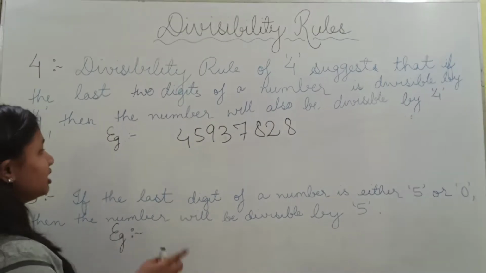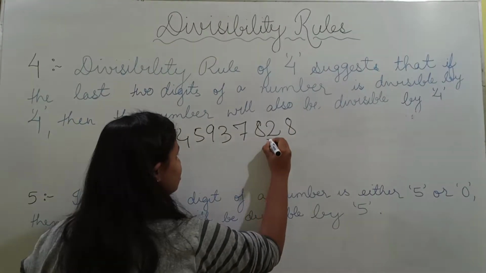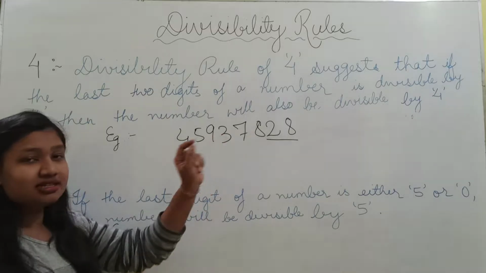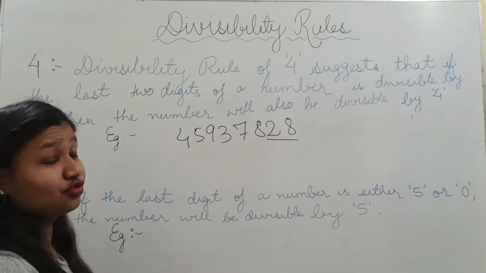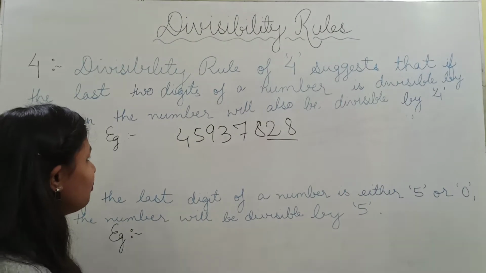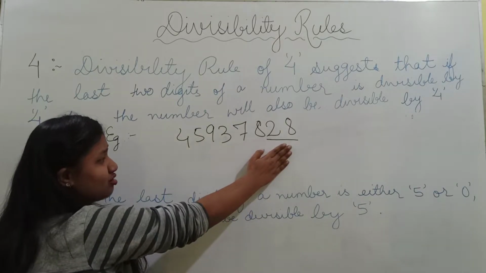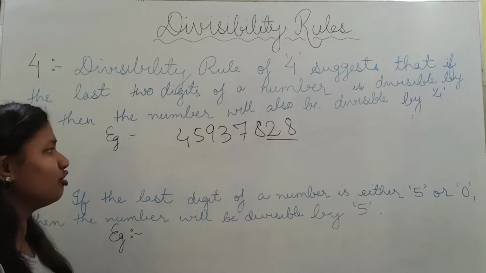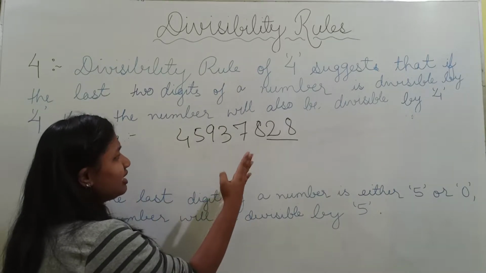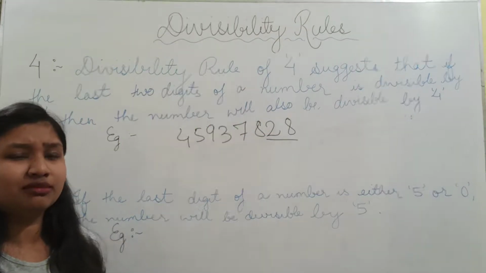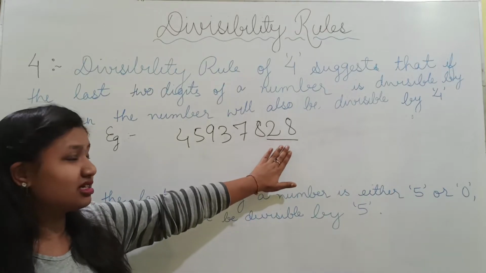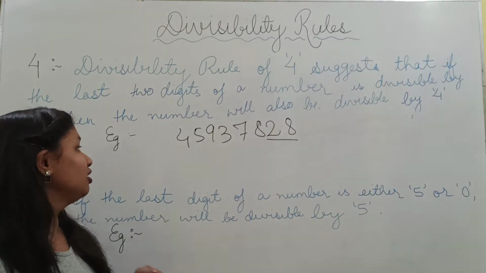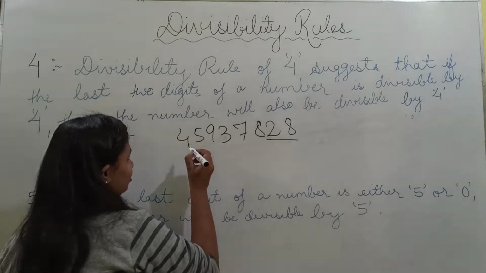Now we know that 28, that is the last two digits of this number, is divisible by 4, right? As 4 7s are 28. So, by seeing only the last two digits, if someone asks me whether this number is divisible by 4 or not, I will definitely say yes, the number is divisible by 4 as the last two digits are a multiple of 4. Okay, now let's test the theory.